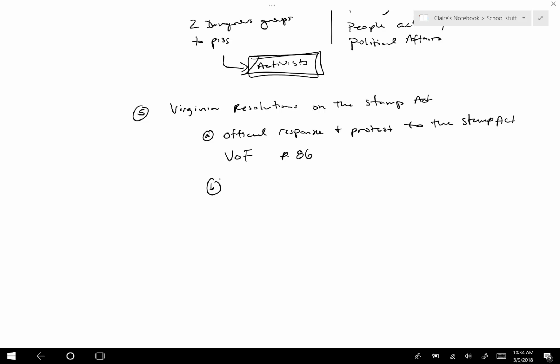So the first three, because I want to look at these, because this is important as far as what they're putting forth. So you have one that says that they are all subjects.